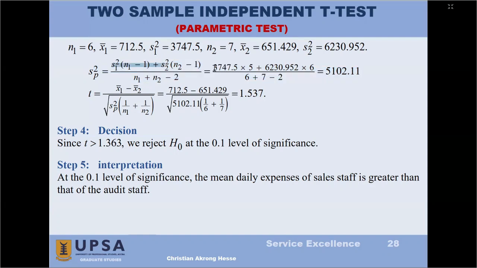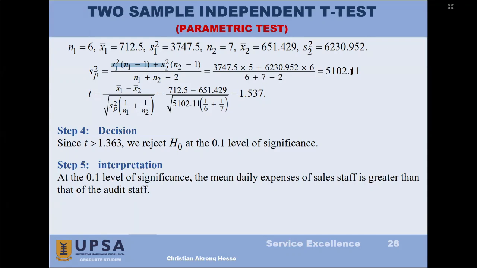You substitute, you get 3747.5 times N1 minus 1. N1 is 6, so N1 minus 1 will be 5. Then the variance for the audit staff is this. Then the sample size is 7. 7 minus 1 is 6. So all divided by N1 plus N2 minus 2.